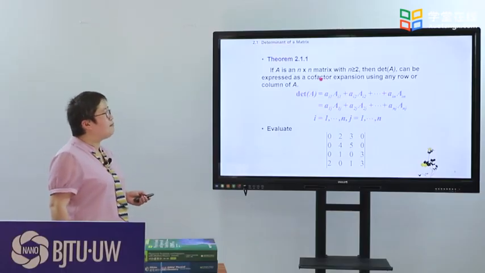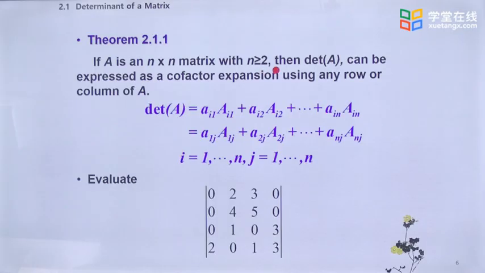If A is an n by n matrix with n no less than 2, then the determinant of A can be expressed as a cofactor expansion using any row or any column of A. So the determinant of A can be written as ai1 times its cofactor capital Ai1 plus ai2 times its cofactor capital Ai2 plus ... plus ain times its cofactor capital Ain.